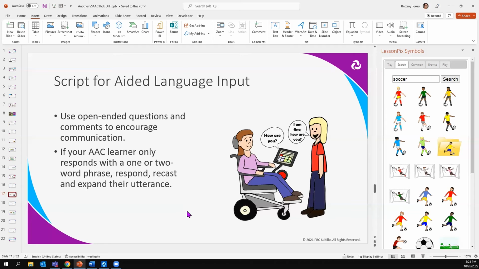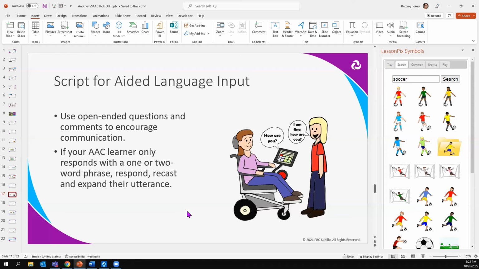Things like that. An open-ended question is a question that cannot be answered with just a yes or no response. If your AAC learner only responds with a one or two word phrase, since we're kind of moving to that next step, you can respond and maybe recast that utterance. So what that might look like is, who is kicking the ball? And the AAC learner just says, him.